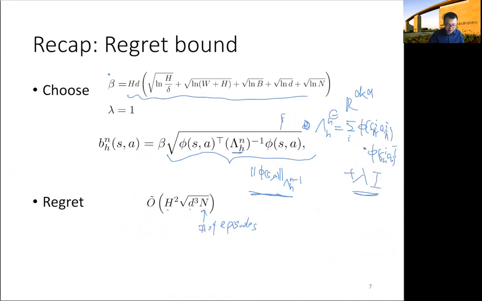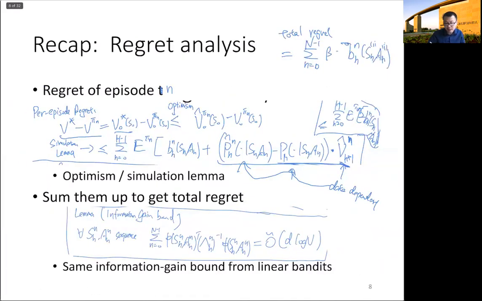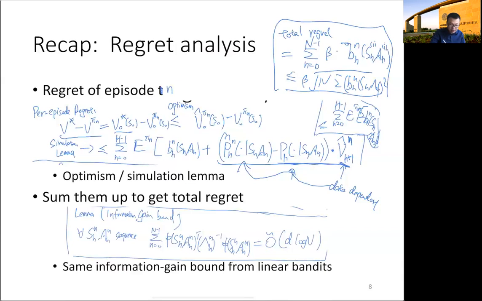We can apply the Cauchy-Schwarz inequality to make it the sum of b_h^n squared. So this becomes beta times the square root of n times the sum of b_h^n(s, a) squared, and that becomes something that we can apply the information gain bound from linear bandits to.